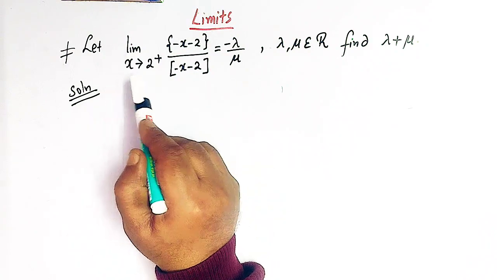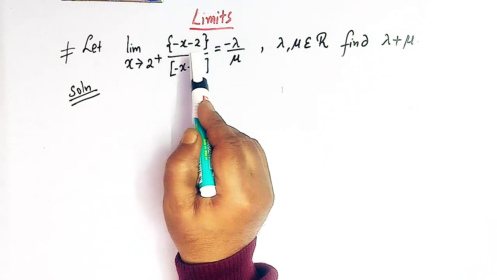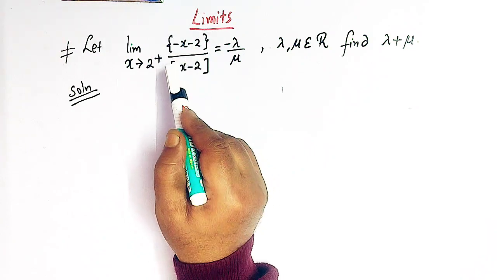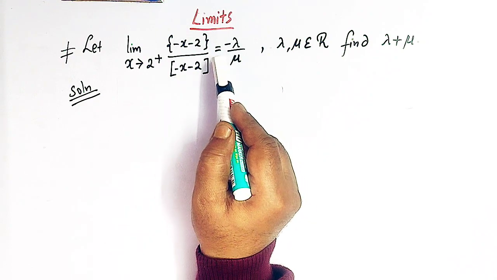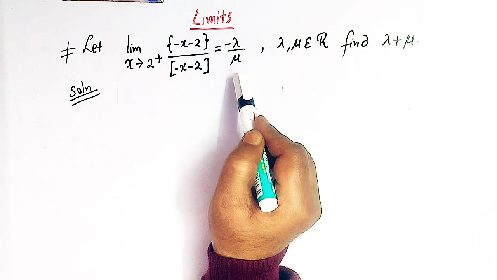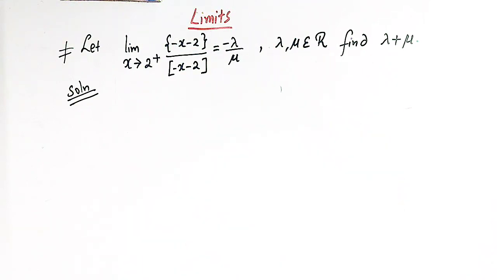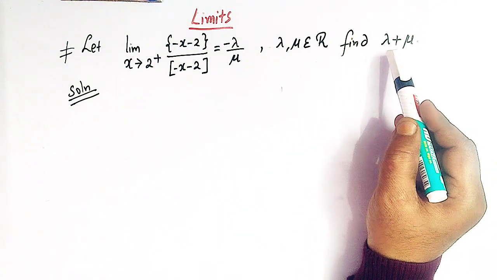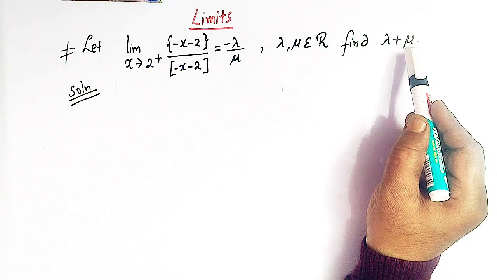So we have limit x tends to 2 positive, fractional part of minus x minus 2 divided by greatest integer of minus x minus 2 is equal to minus lambda over mu, where lambda and mu belong to the set of real numbers, and we have to find the value of lambda plus mu, right?